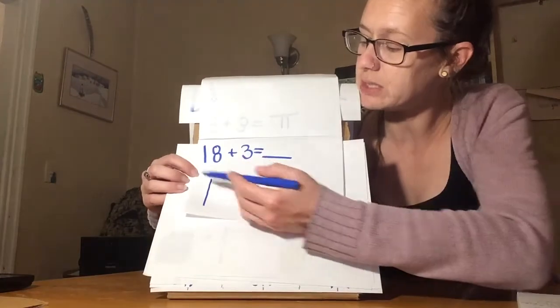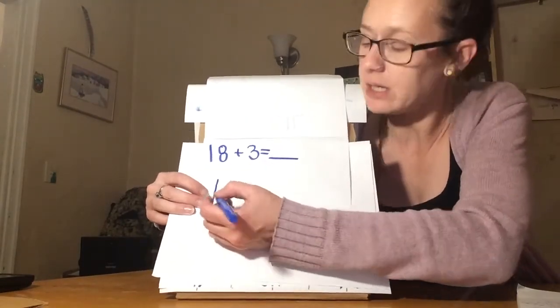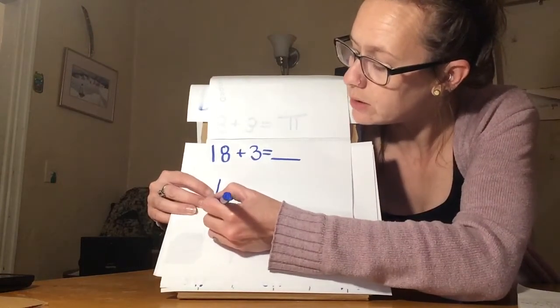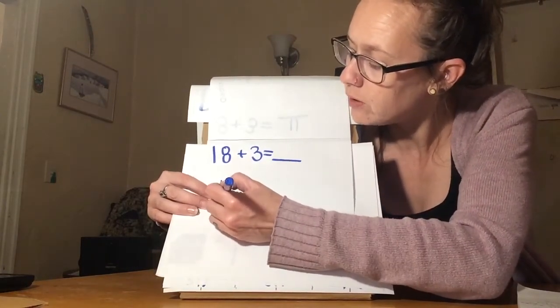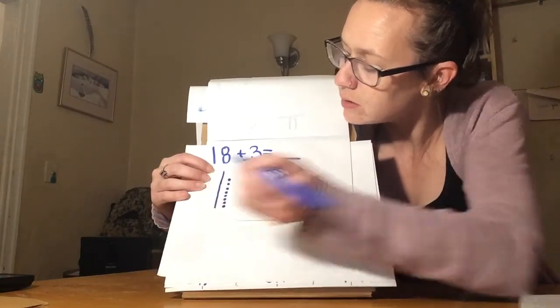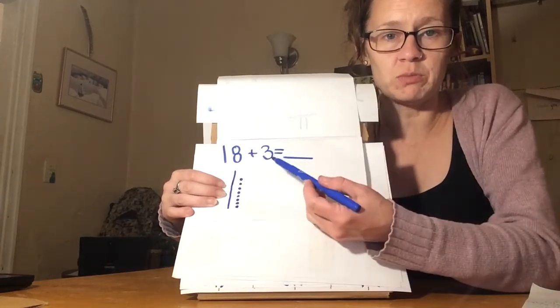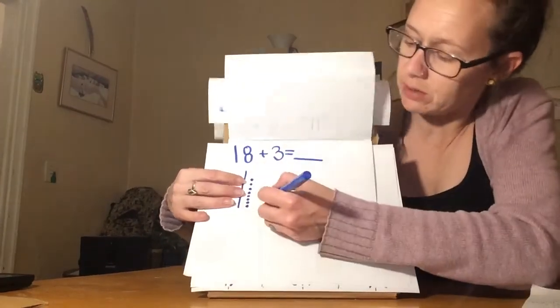I see that I have 1 ten, so I'm going to draw my 1 ten. And now I'm going to go ahead and draw my 8 ones. 1, 2, 3, 4, 5, 6, 7, 8. There we go. 18.